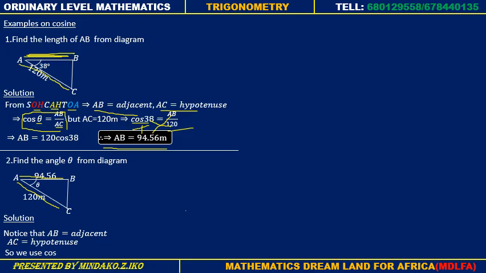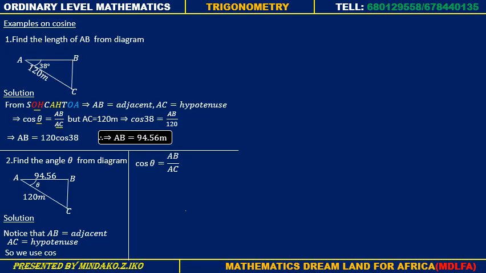If we use cos, we are going to have cos theta equals AB over AC. Now what is our AB? Our AB is 94.56, and our AC is 120.